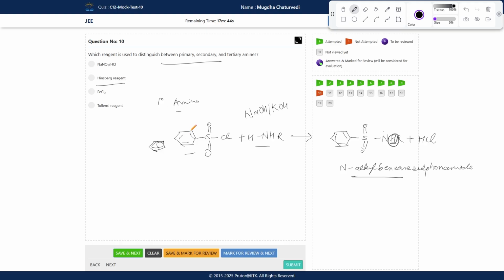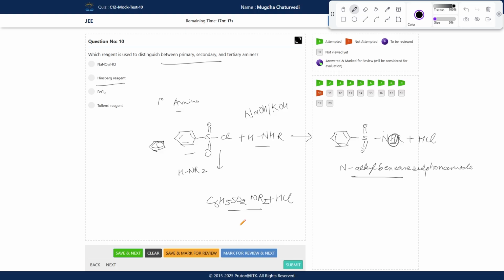And now when this benzene sulfonyl chloride reacts with a secondary amine like HNR2, in this case it forms N,N-dialkyl benzene sulfonamide. Okay, so this forms C6H5SO2NR2 plus HCl.